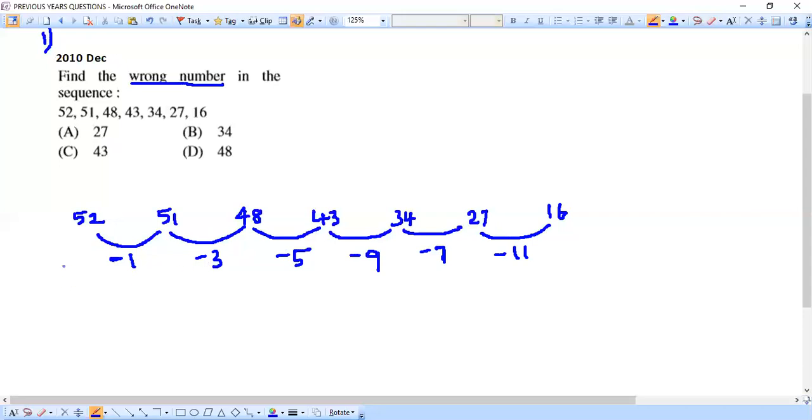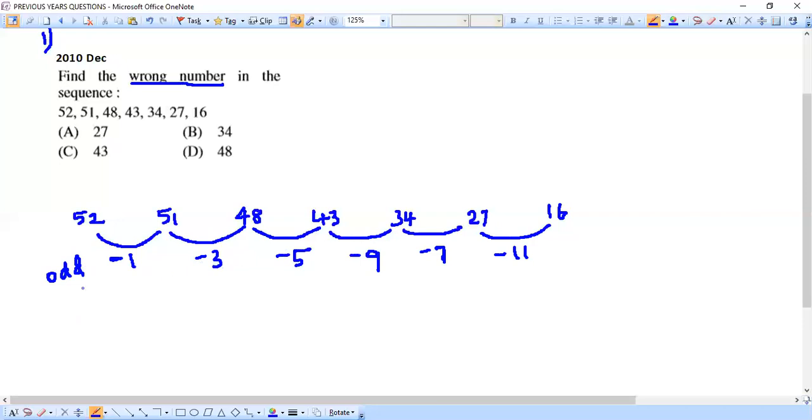I think the moment you see these numbers itself, you can very easily observe that these are none other than odd numbers. Fine. Yeah, we get odd numbers only here. So I'm just noting it here. So these numbers are odd numbers, but still we have some problem here. See the order of these odd numbers used here: minus 1, then minus 3, minus 5. I know odd numbers in a sequential order, right?